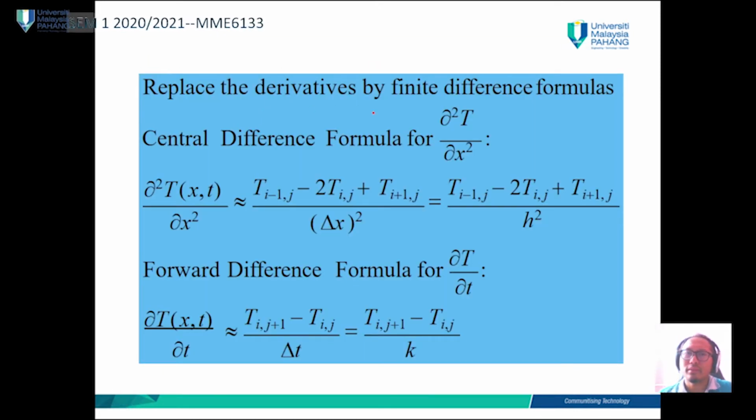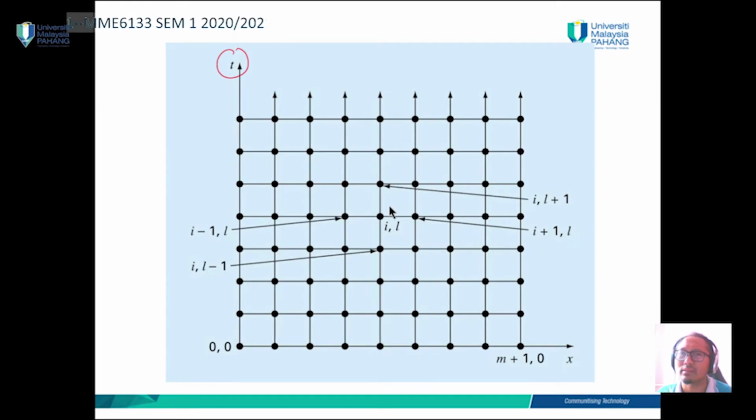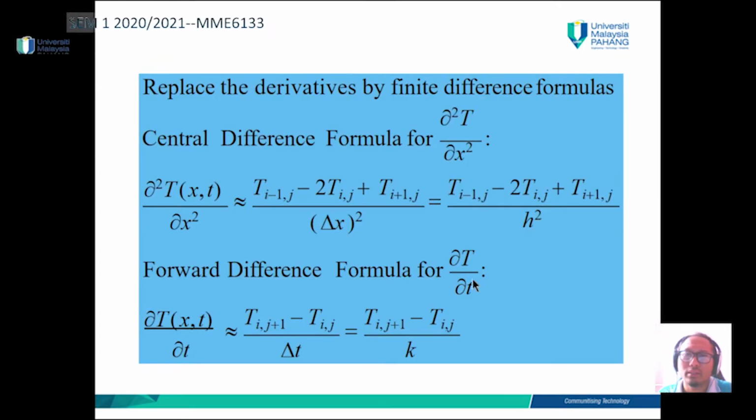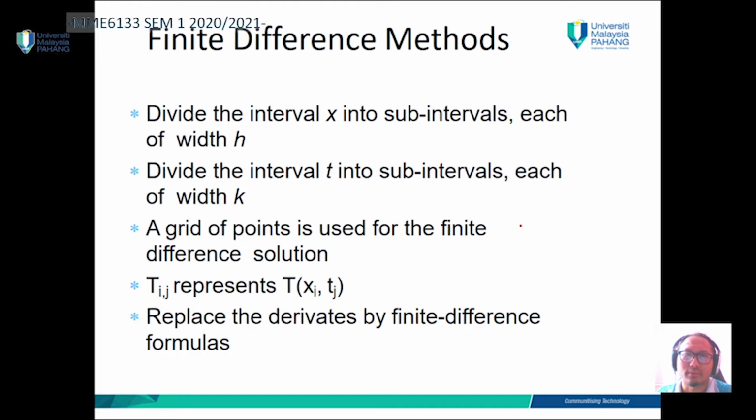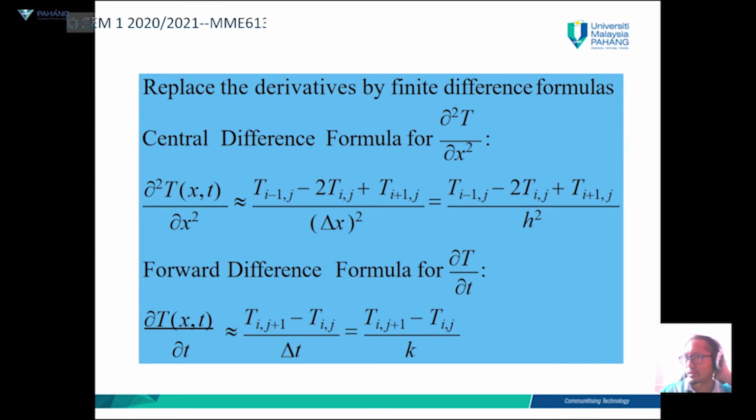We are going to replace the derivatives by finite difference formulas, where the central difference formula for the second derivative of T over x squared is approximately equal to T(i-1,j) minus 2T(i,j) plus T(i+1,j) over delta x squared, which is equal to T(i-1,j) minus 2T(i,j) plus T(i+1,j) over h squared, where h is the subinterval of x and k will be the subinterval for t.